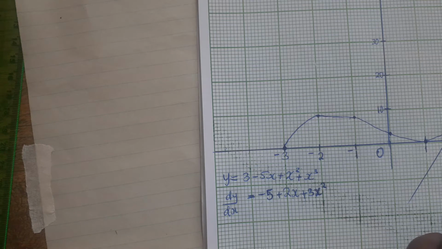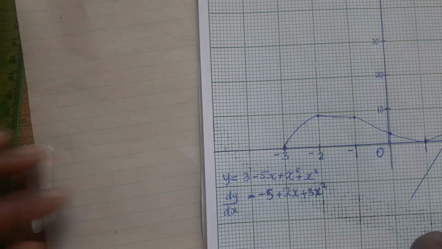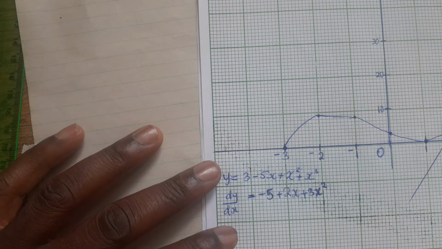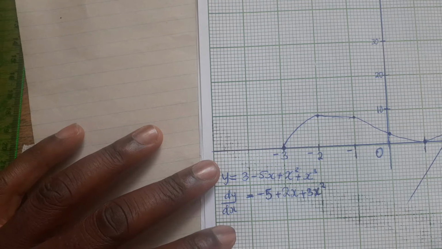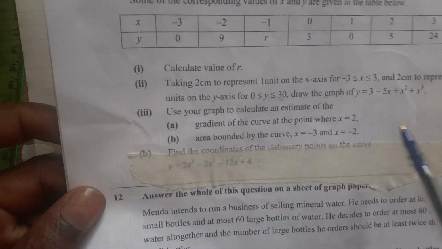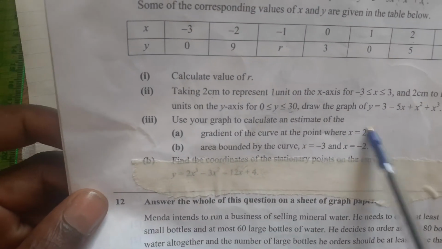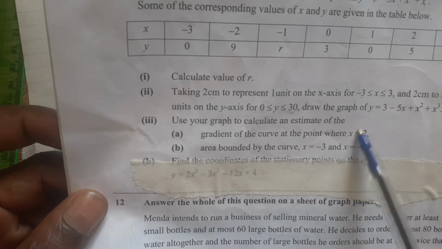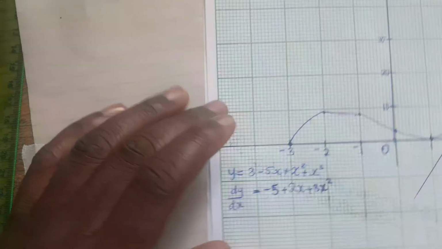so at this point now, we need to find the x coordinate that was given in the question. In the question: what is the gradient when x is equal to 2? So we need to use this x to do the substitution here.